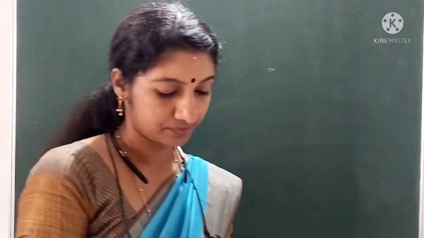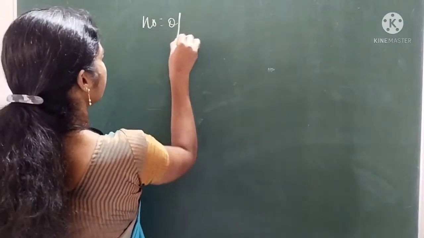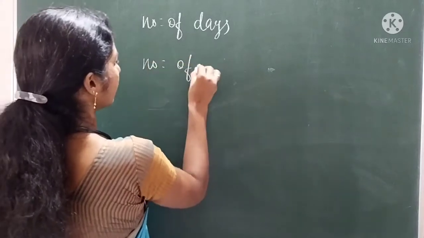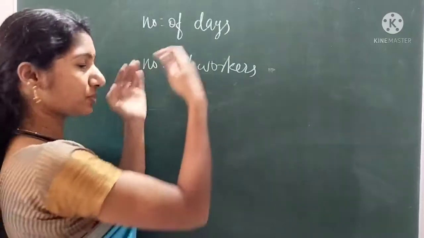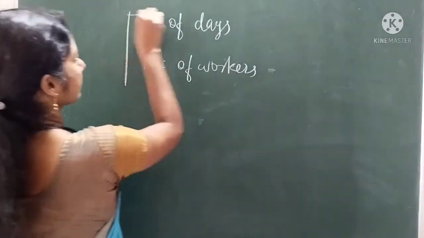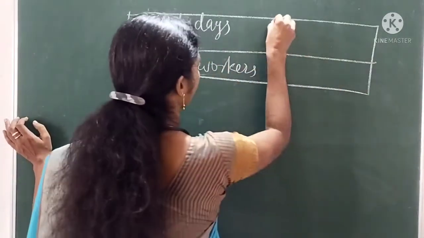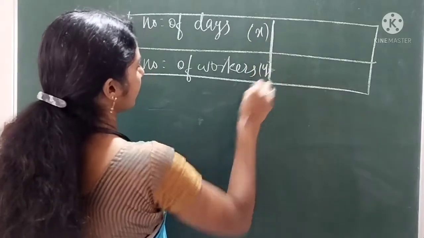So we will write the columns: number of days and number of workers. If you write number of workers first also no problem, but just mention the two quantities. So this we can take as x quantity and this is y quantity.